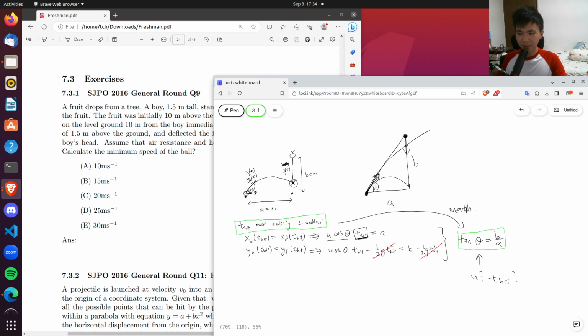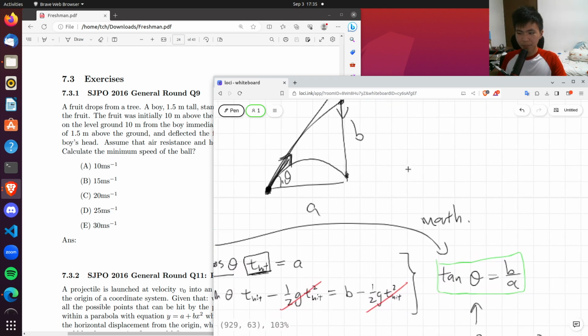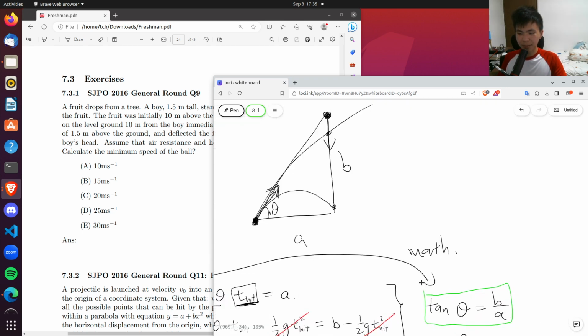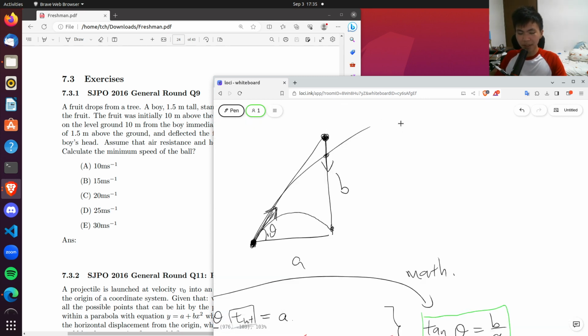And this may seem like a purely mathematical fact, right? It seems like we just derived it analytically. But the physical reason, the physics behind this, is that if we go into an accelerating reference frame, then this is very obvious.